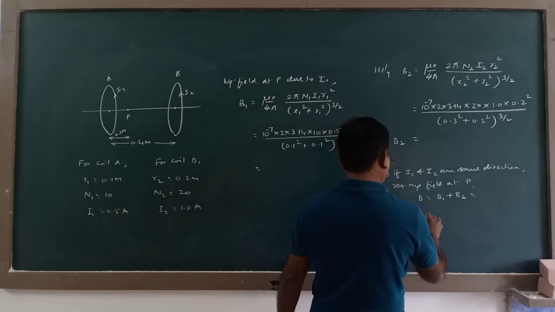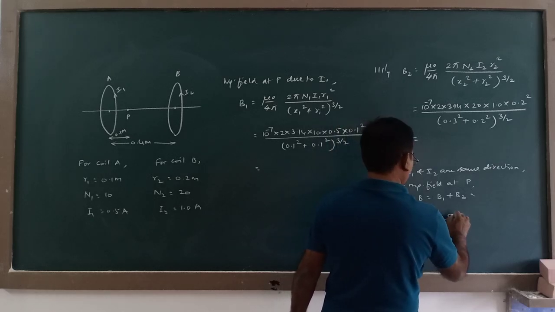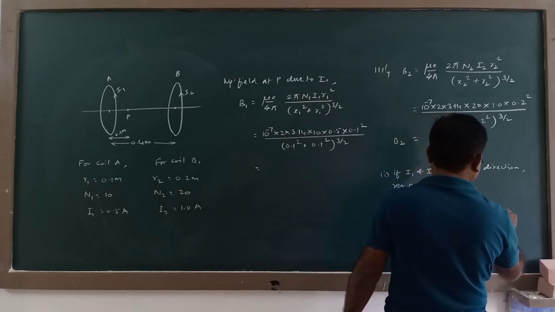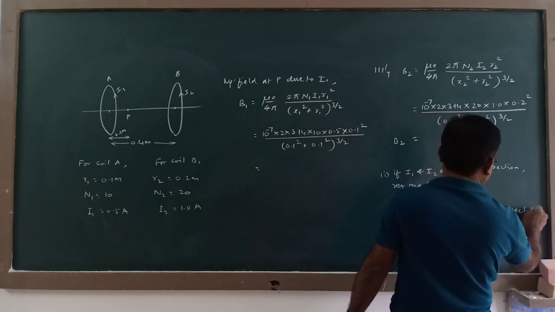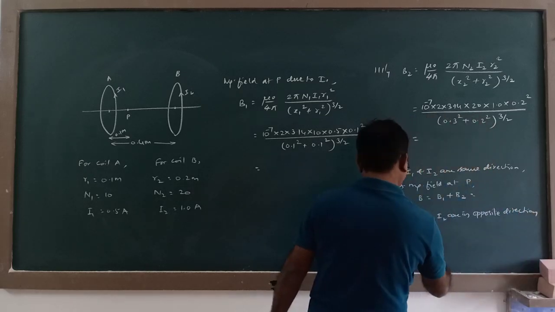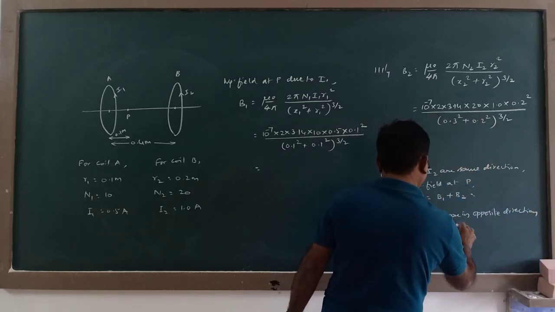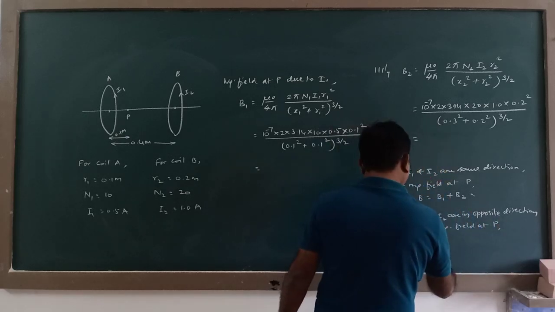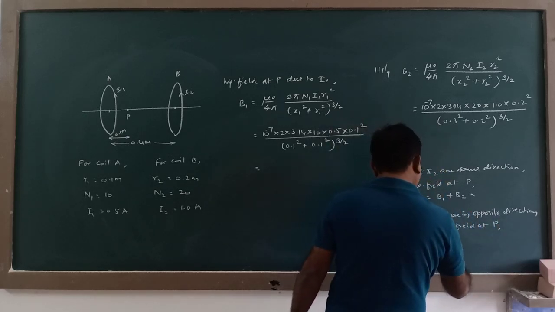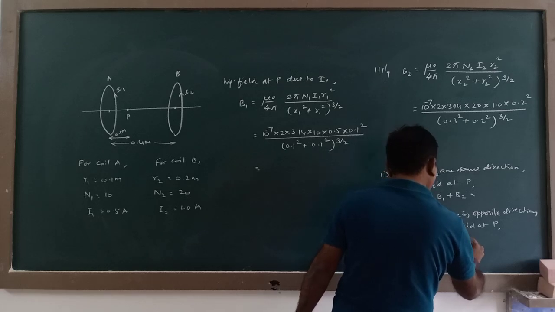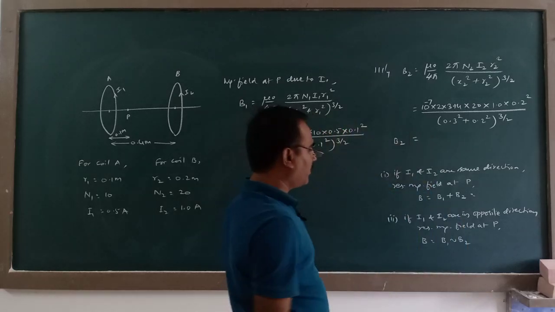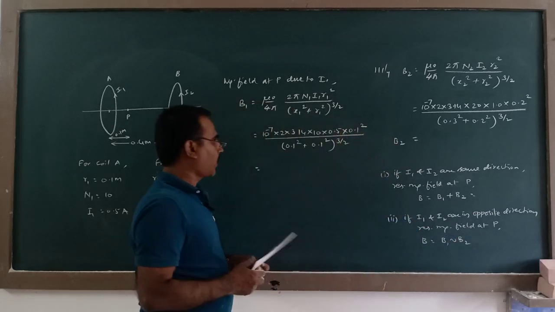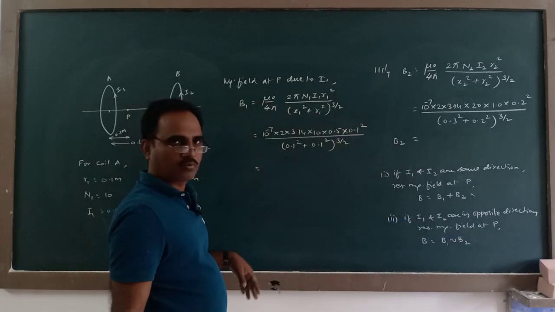Next, if I1 and I2 are in opposite direction, resultant magnetic field at P, B is equal to B1 difference B2. Here you calculate B1 and B2.